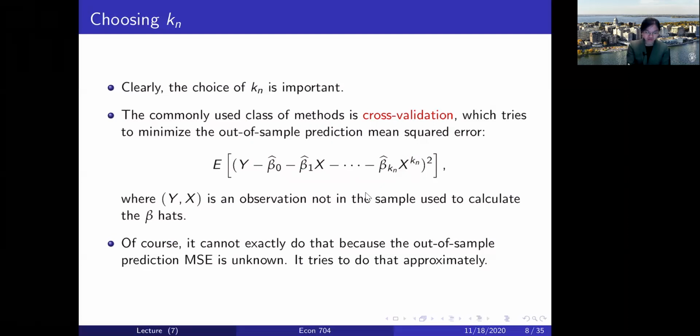So the basic idea of cross-validation is to try to find a Kn that minimizes this expected squared error, trading off these two kinds of noises, the advantage and disadvantage of increasing or decreasing Kn.